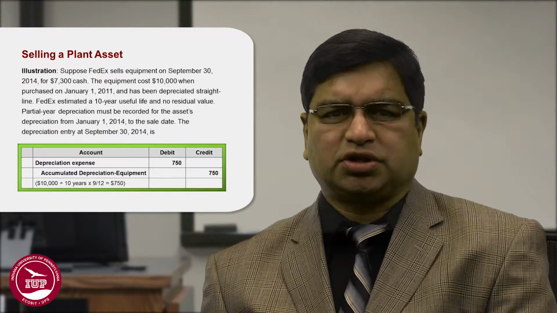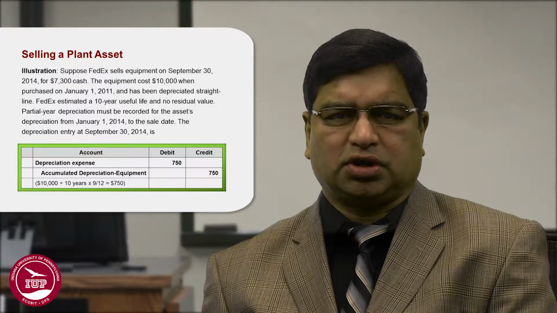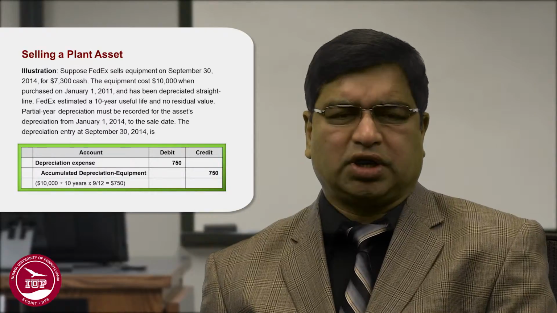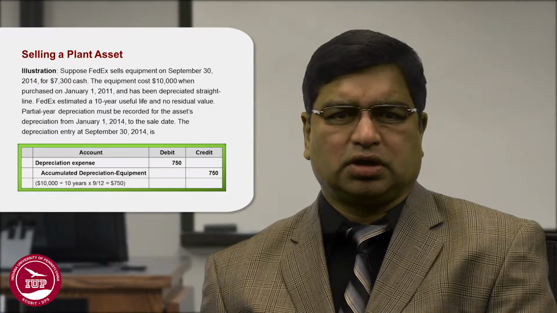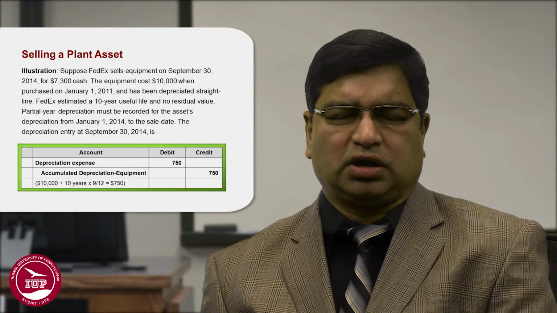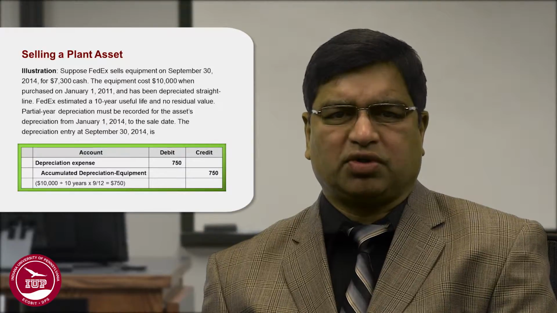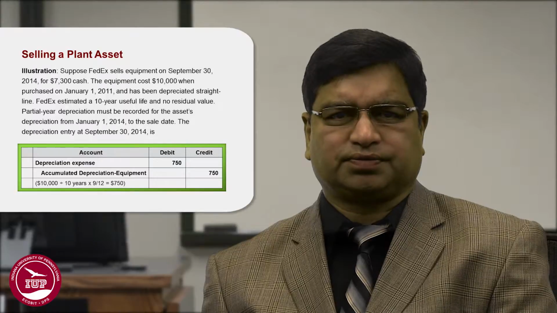So partial depreciation must be recorded for the asset from January 1 to September 30th. So your depreciation expense on a straight line basis, which was $10,000 divided by 10 years, or $1,000 a year, times 9 by 12 of that $1,000 gives you $750 for the depreciation expense for the period.